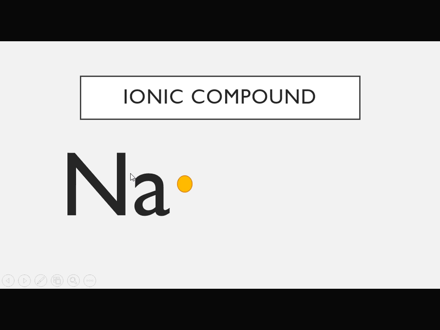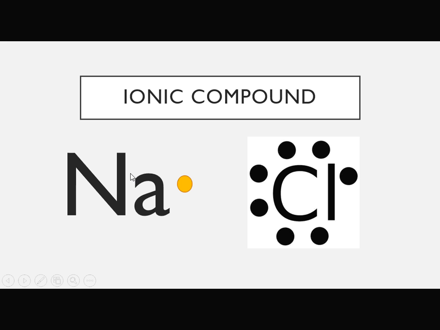Well, when we talked about bonding, we said that sodium and chlorine are a good match. Why is sodium and chlorine a good match? Well, sodium wants to dump that electron, and chlorine wants to gain one. So when we have this ionic bonding occurring, sodium gives its electron to chlorine.